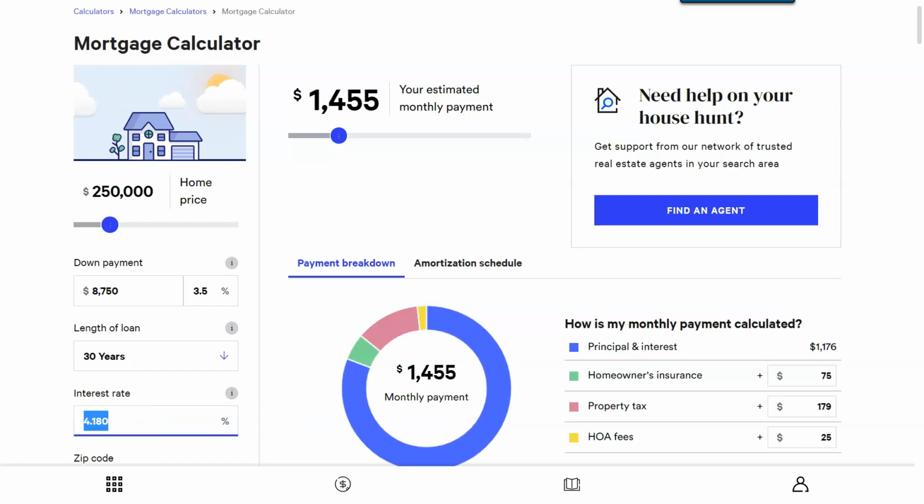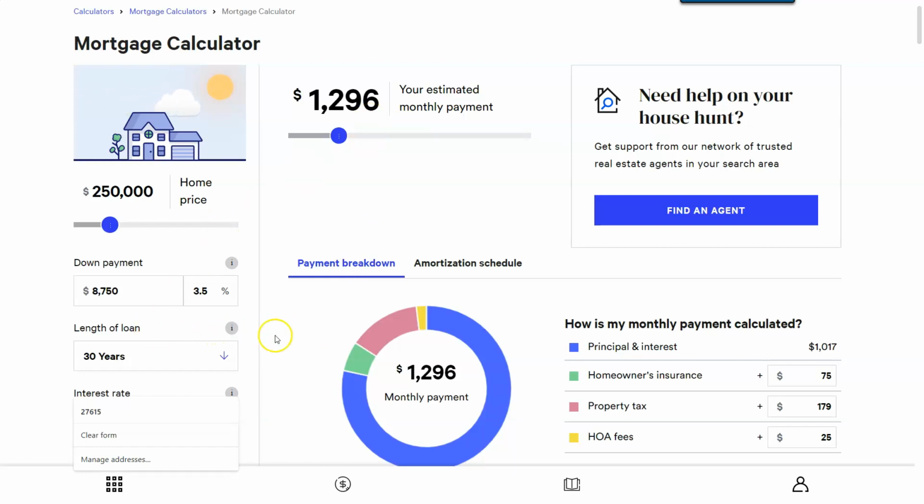Rates are at 3%, 3.5% for a lot of good credit clients. So that might be something that helps you a lot. You can see your payment went down significantly with that 0.5%, a little more than that being dropped. Let's say we drop that to 3%, and you had another drop there.